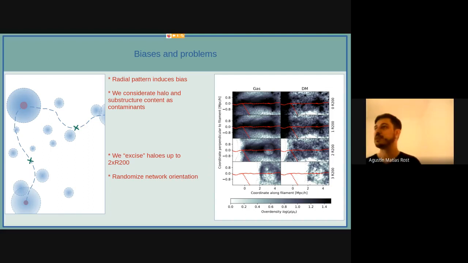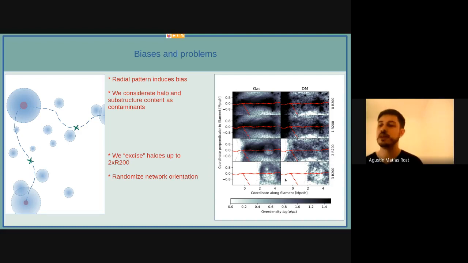But if we remove one times R200, we can see that the very high density peaks are removed, but you can see the remaining material around the halos, like these shells that you can see here. And if we remove 2 times R200, we see that all the material associated with halos is largely removed. But if we remove 3 times R200, we're going to be left with almost no particles, and this is not good for the signal quality.